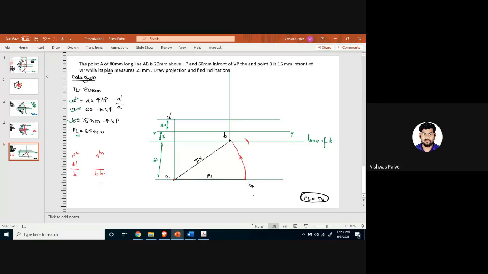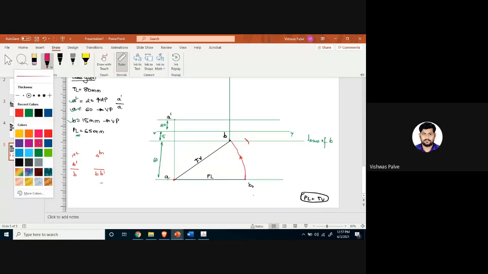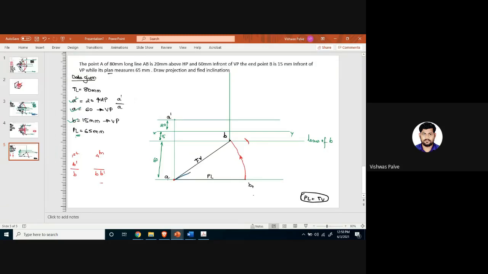And if I connect these 2 points, A and this one, with the help of a different color, I will draw in blue. I always use blue color for true length. So if I connect these 2 points, what is this? True length. And what is the notation for this? True length in the top view, B2. Yes, you will get the point B2.